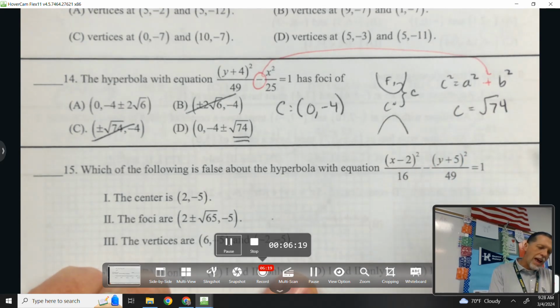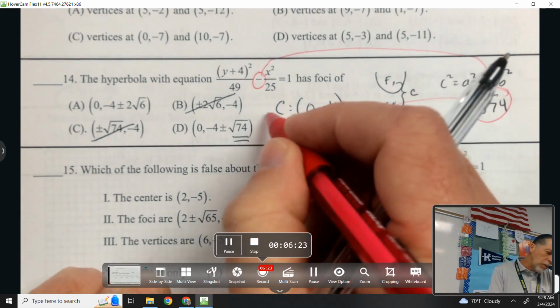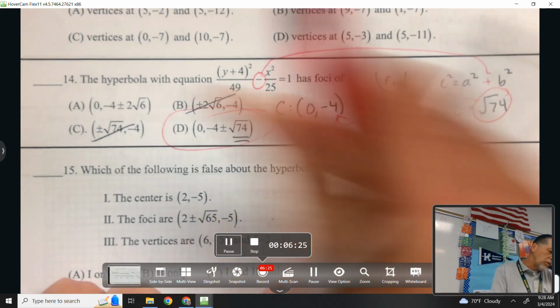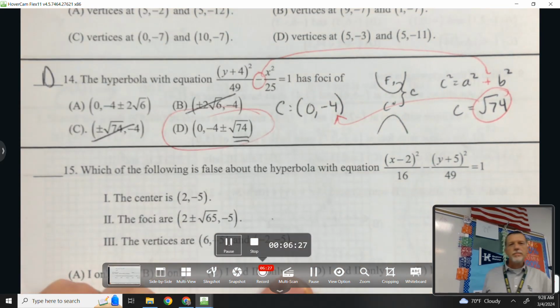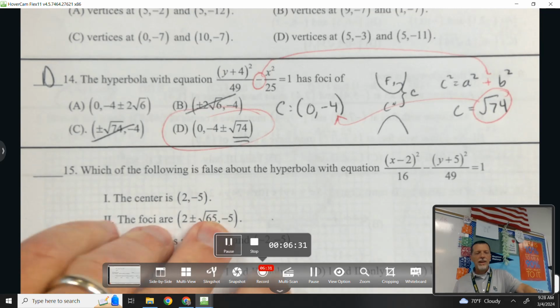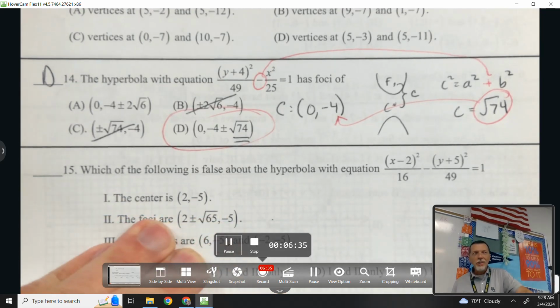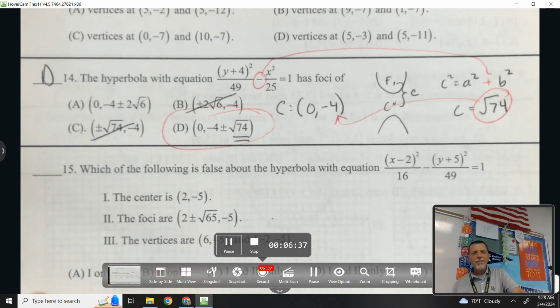So we're going to add and subtract root 74 to the y coordinate, so D. I feel like that's about as complicated as it gets. There's a lot going on there, but nothing's crazy.